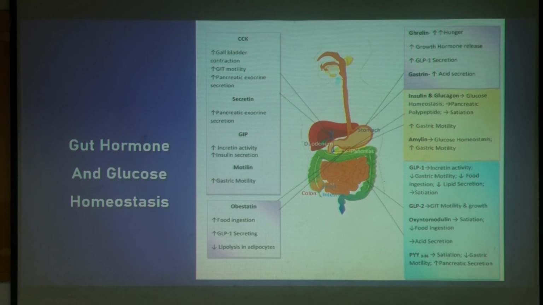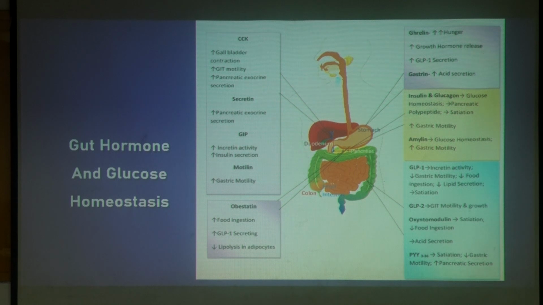We all know cholecystokinin increases gallbladder contraction, increases GIT motility, and also increases pancreatic exocrine secretion. What about the secretin hormone? It increases pancreatic exocrine secretion.